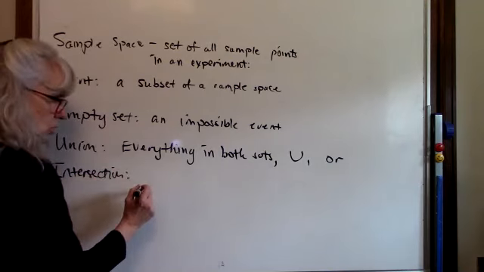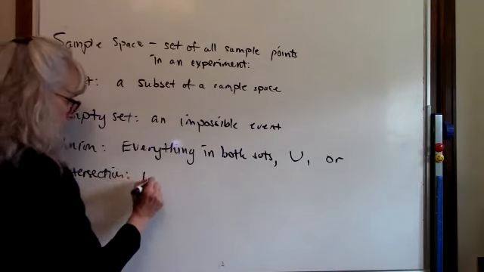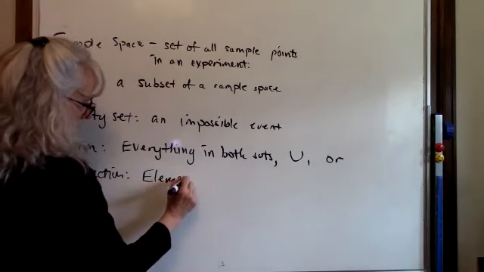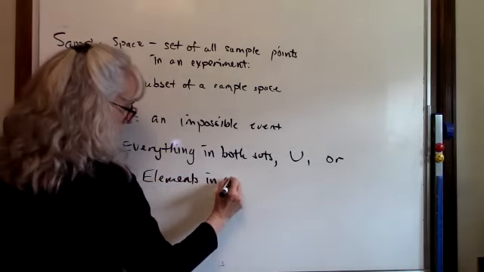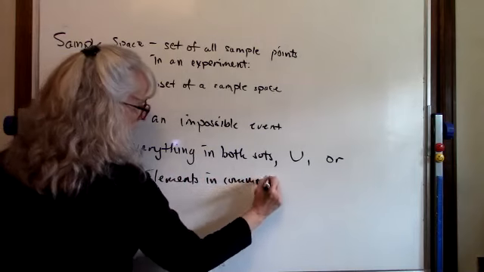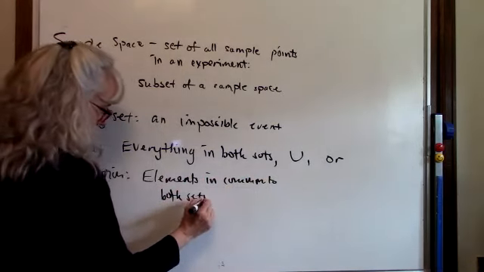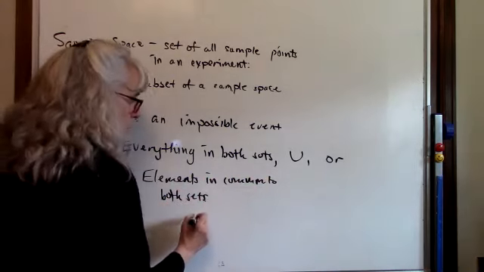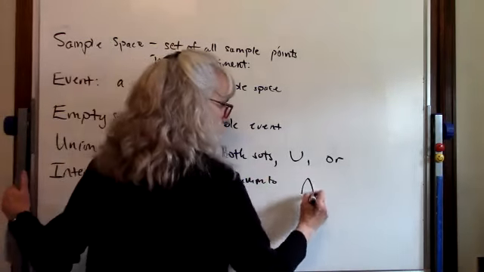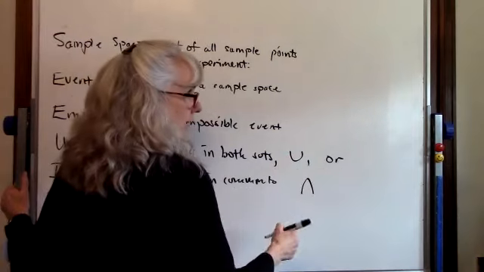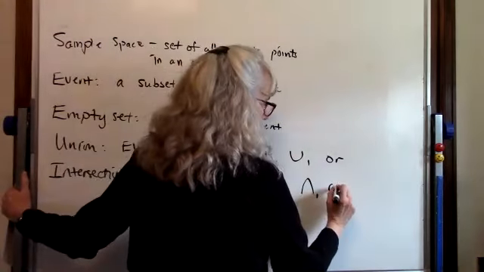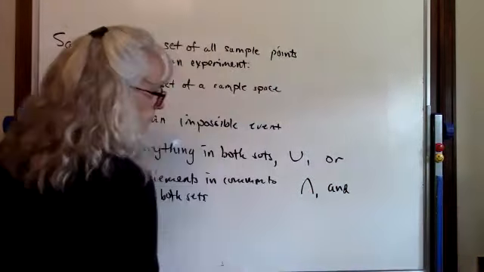The intersection was the overlap or the elements in common to both sets. The symbol looks like an upside down U, and the key word was and.